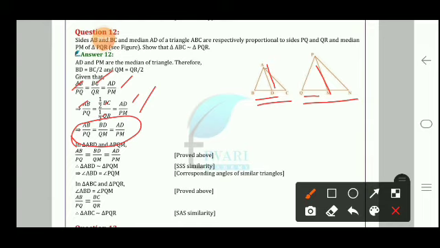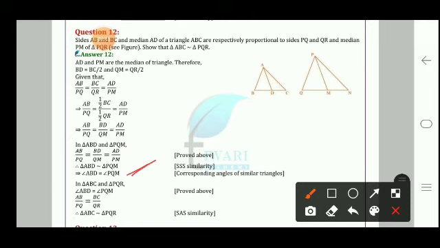So now we have the triangle ABD and triangle PQM. Both are similar by SSS similarity criteria. When the triangles are similar, it means we have angle B equal to angle Q, corresponding angles of the similar triangles. Now we consider triangle ABC and triangle PQR.